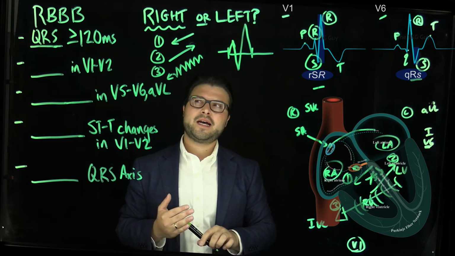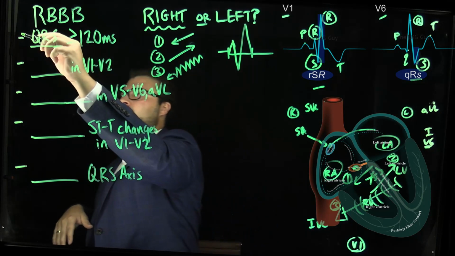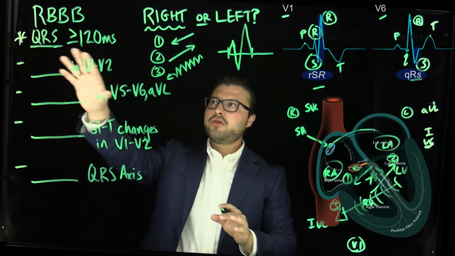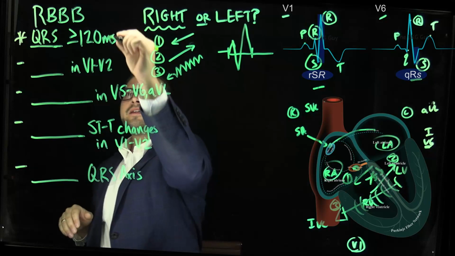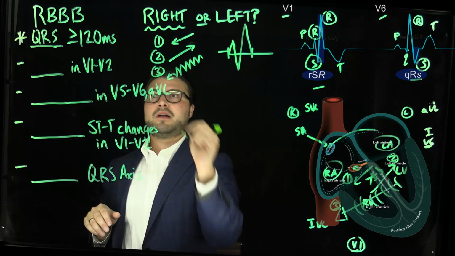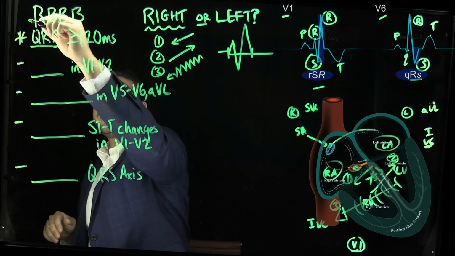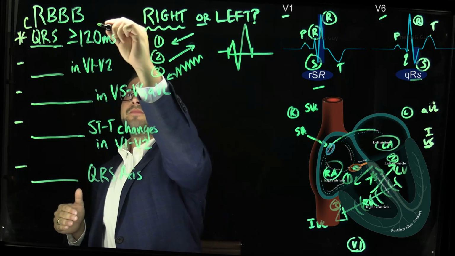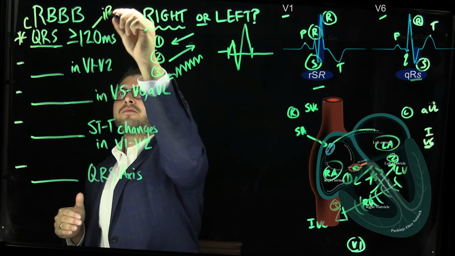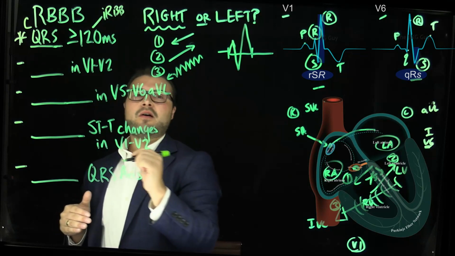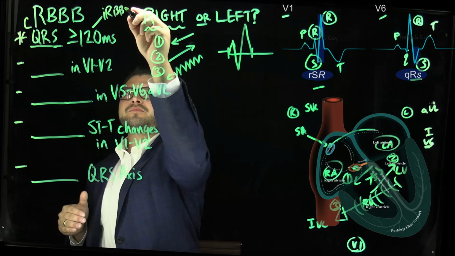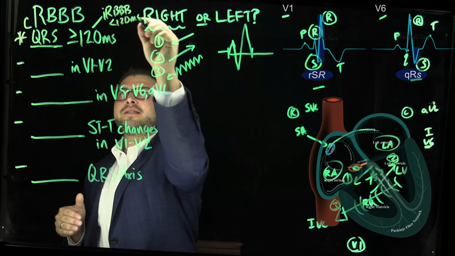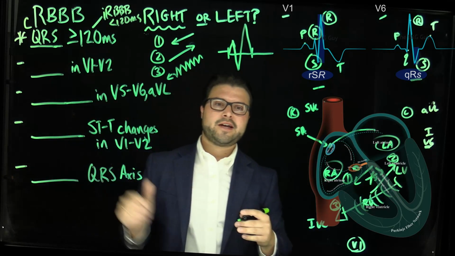Now, one thing to keep in mind is that when we see a pattern that we'll discuss here, the QRS duration is what separates incomplete from complete bundle branch block. What we're looking at in this case is complete. What would separate it from incomplete right bundle branch block is also the QRS duration. In that case the duration is less than 120 milliseconds, but it still has all these other factors that we'll look at.